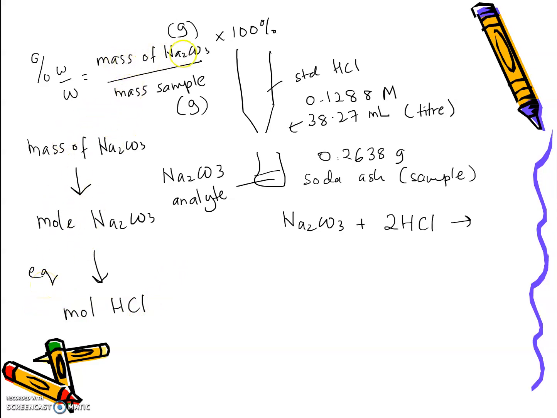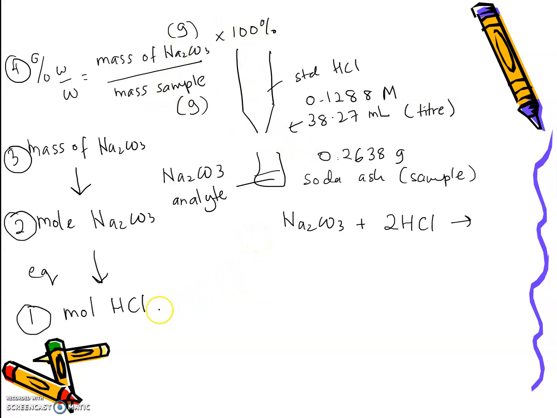Okay, to find mass of sodium carbonate, you have to find mole of sodium carbonate from the equation. Okay, before that you have to find mole of hydrochloric acid. So first step, you have to find mole HCl first. By comparing the equation, you can find number of mole of sodium carbonate. Then you find mass of sodium carbonate. And then put into the formula: mass of sodium carbonate over mass of sample soda ash given, times 100%.